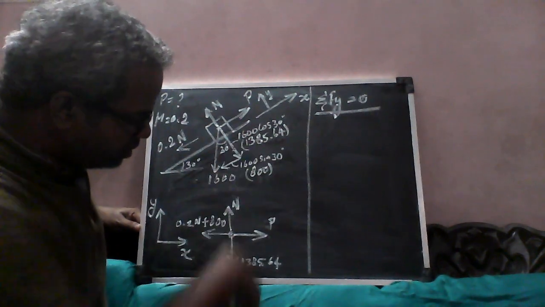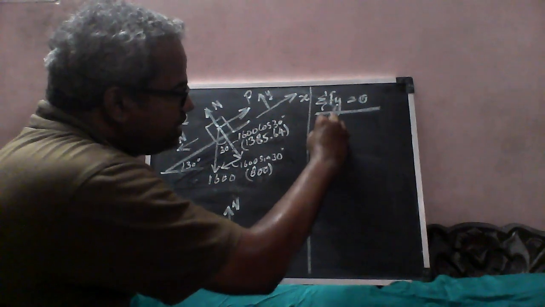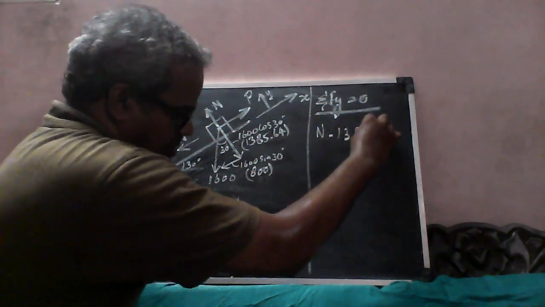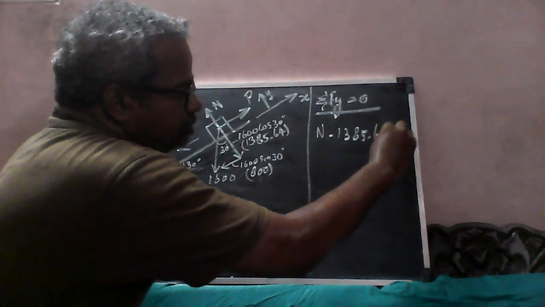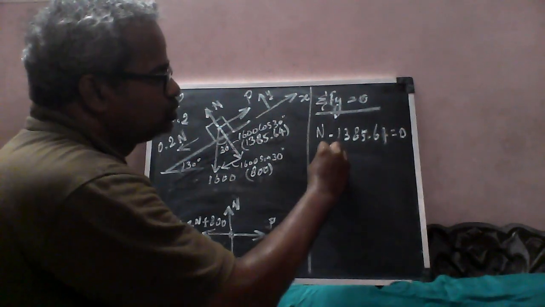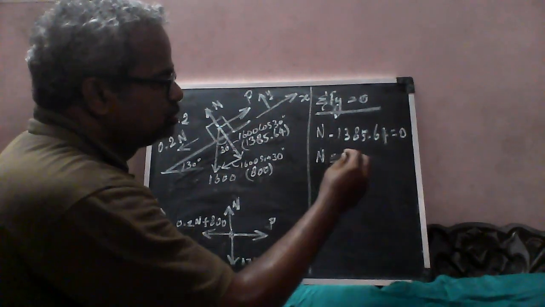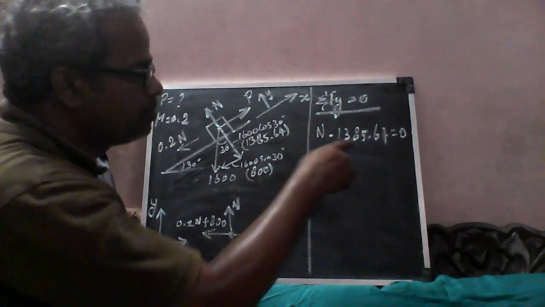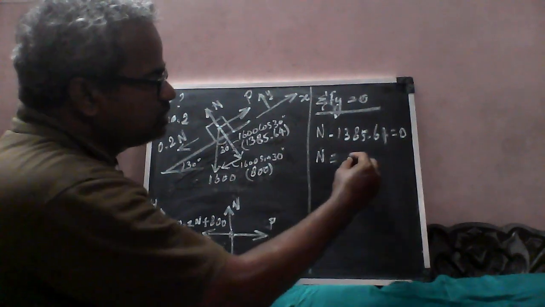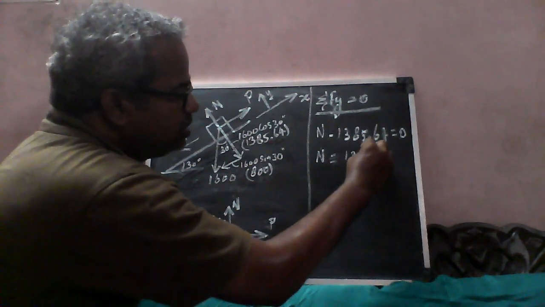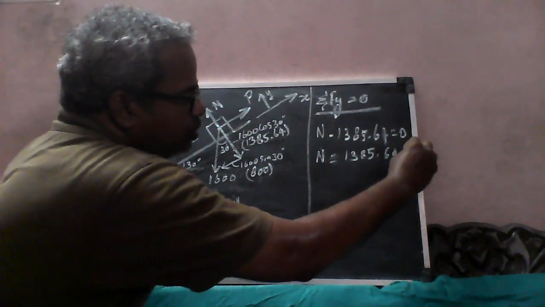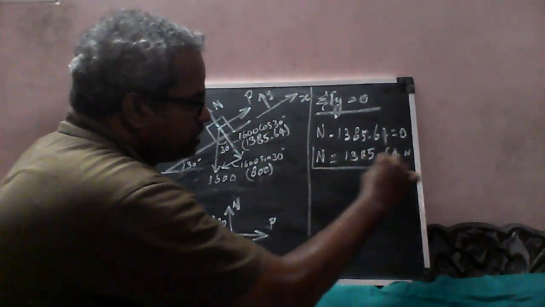So Fy component, if I take, N minus 1385.64 is equal to 0. N is equal to 1385.64 newtons. So N I have got.